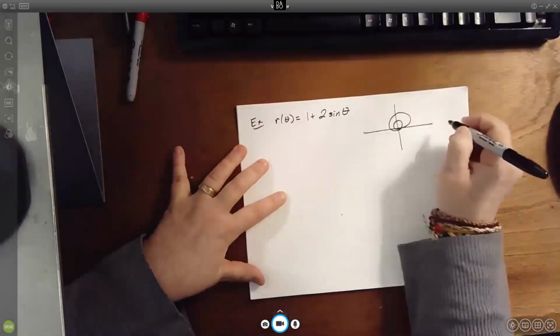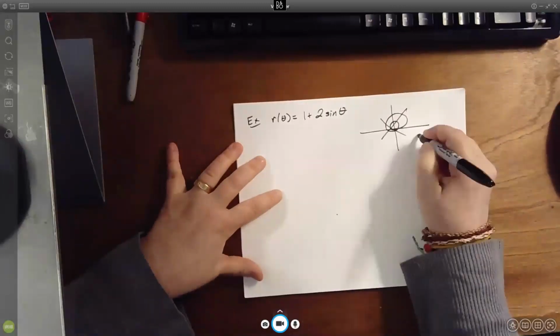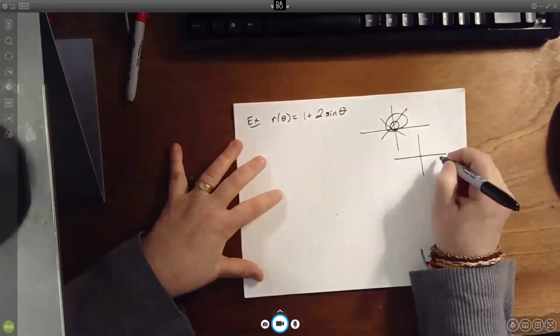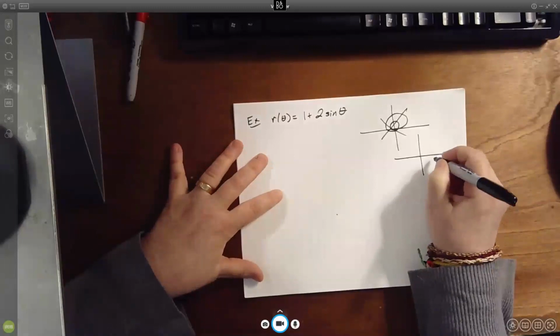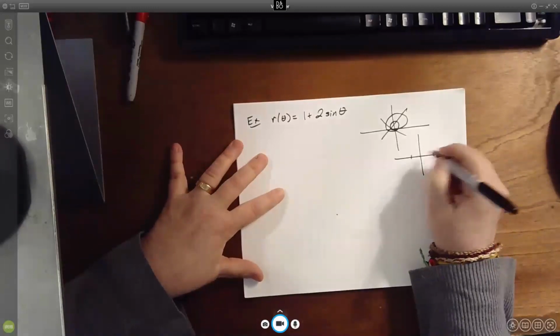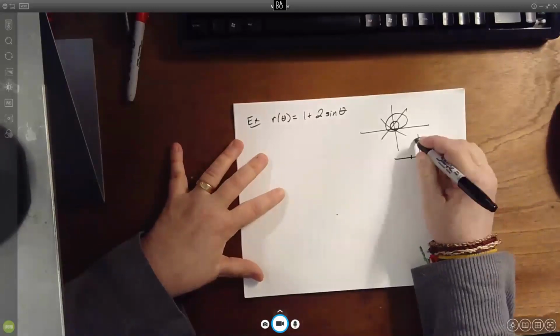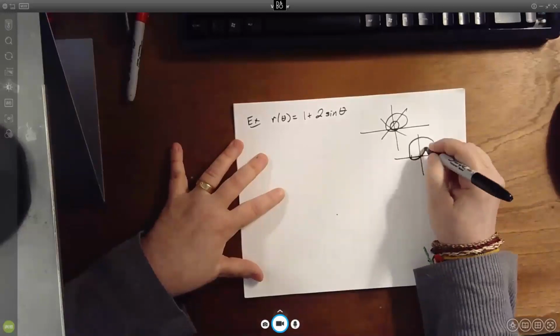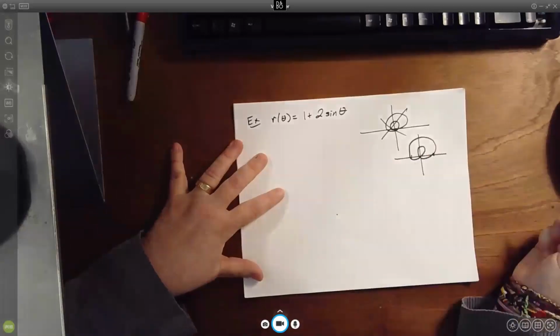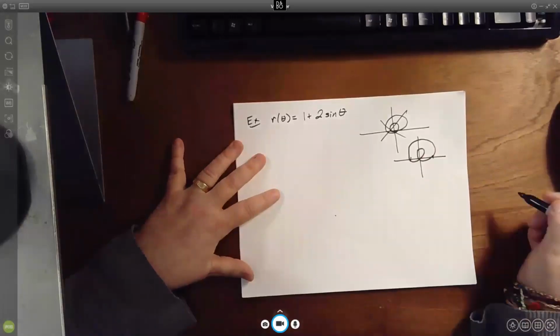Let's try again. So at 0, I'm at 1. Well, that's a little bit better, but not a whole lot better. I want to find the derivative of this.